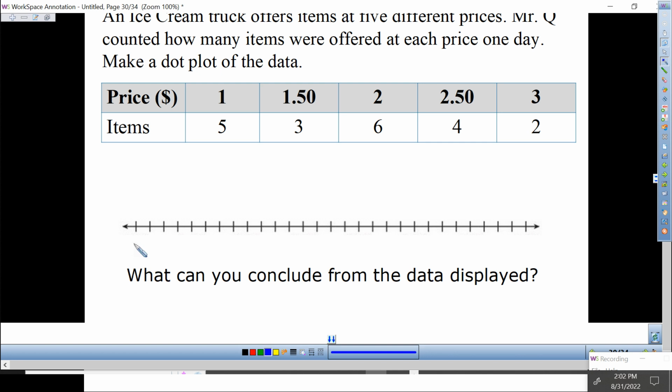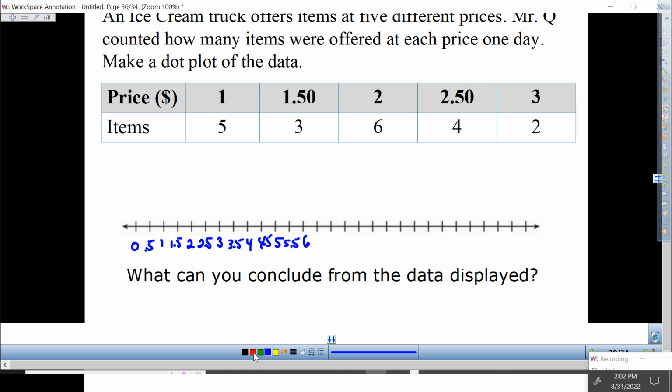So 0, 0.5, 1, 1.5, 2, 2.5, like that? Yeah, okay. 3, 3.5, 4, 4.5, 5, 5.5, 6, and I'll stop right there, yeah?